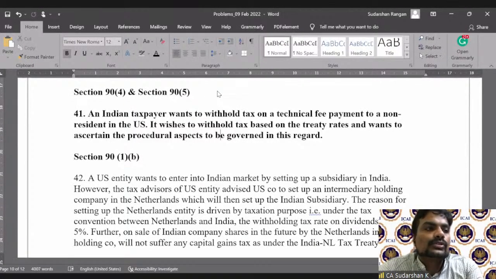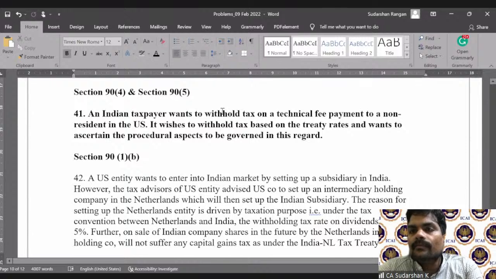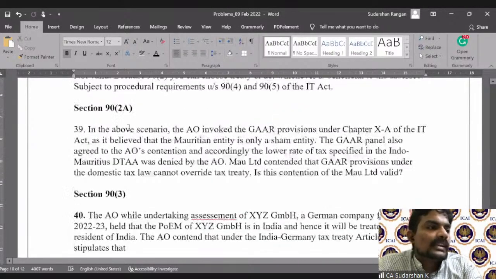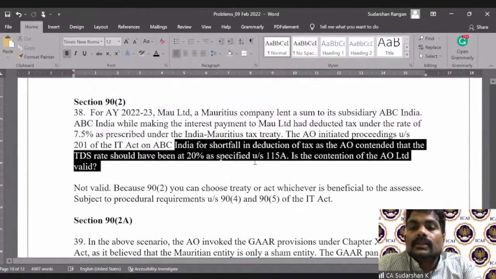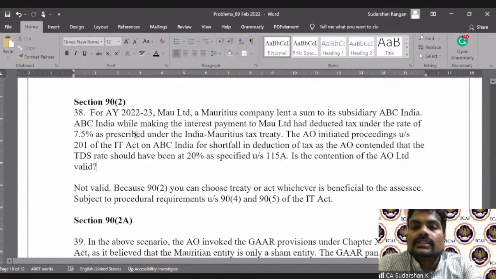In the previous example, he need not be paying any tax in India if the treaty says it is only taxable in the country of residence; whichever is beneficial to him, he can avail 92. Similarly, here we saw that the interest under the India-Mauritius treaty is only 7.5% compared to 20% under 115A. So the treaty rate is lower.